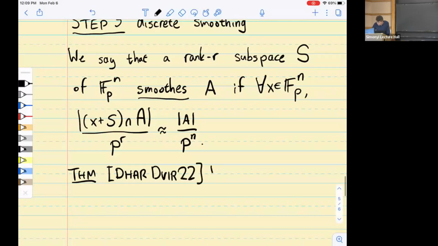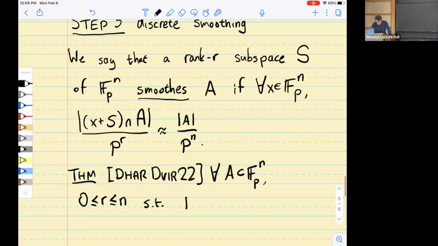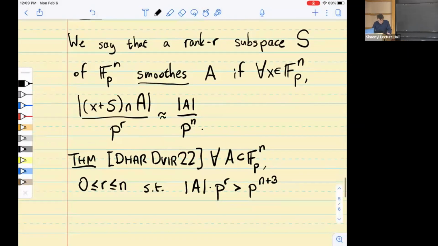And basically they show the following amazing thing: if you have any subset A of F_p^n, it doesn't have to be convex or anything like that, whatever convex would mean, and if you have some parameter r, the rank, such that I make sure the rank is not too low, that is, the cardinality of A times p^r is at least p^(n+3). And this 3 is the same 3 we have in our statement.